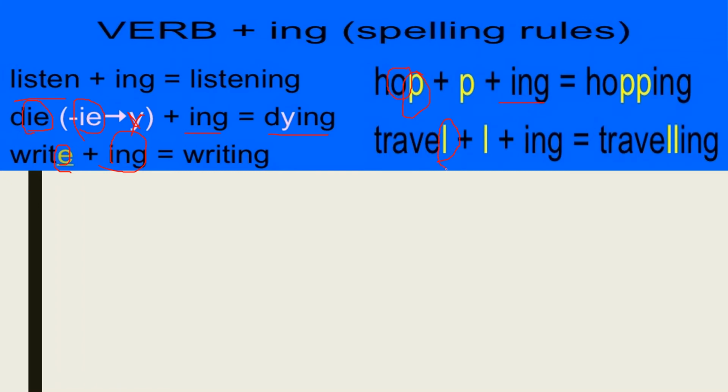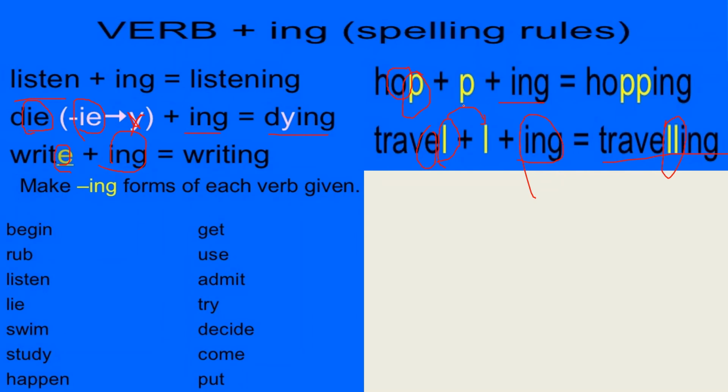You can see that we have the second last character as a vowel and the last character as a consonant, and what we are doing is repeating the last character, which is a consonant, and then adding ing, which makes it traveling, which has two l in the spelling. I hope you understood the spelling rules.